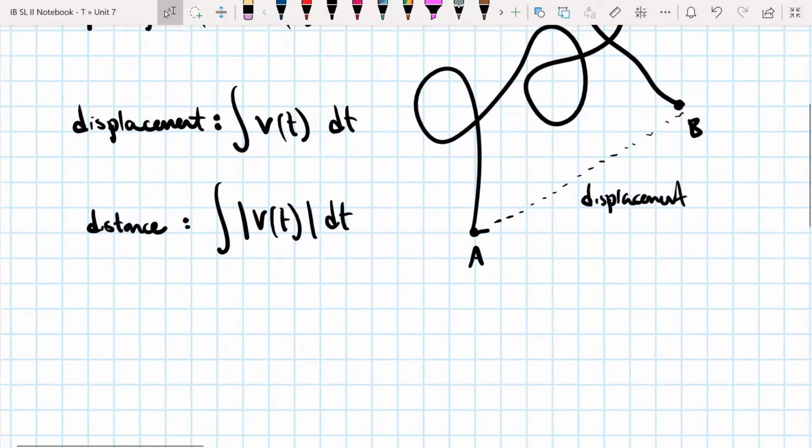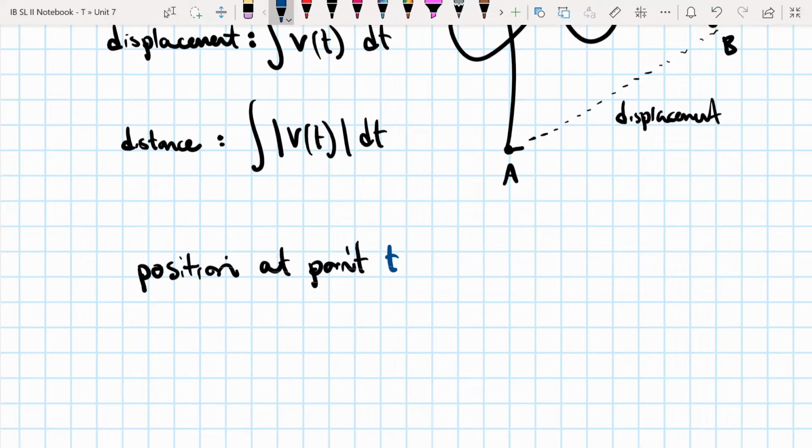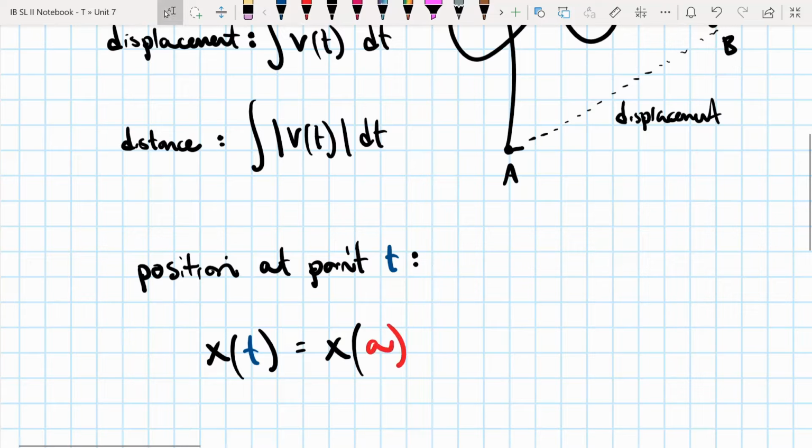A pretty common question you're going to see is the position at points, let's call it t. T is going to be a common variable here. So if I want to find the position at a specific time, let's call it x of t, that is going to be equal to some initial position, x of a, plus the integral from a to t of the displacement.